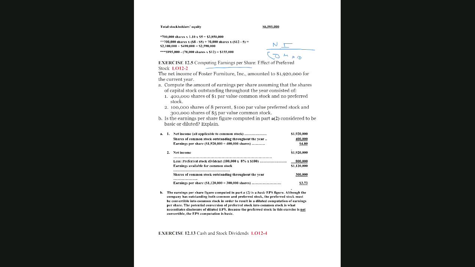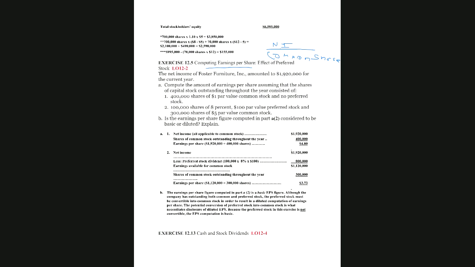Remember that preferred shares outstanding do not participate in earnings per share. Earnings per share, again, is just a ratio. It's just an analysis tool. It doesn't mean there's actually a distribution in any way, but it's used for analysis of the financial statements by creditors or shareholders of the organization.